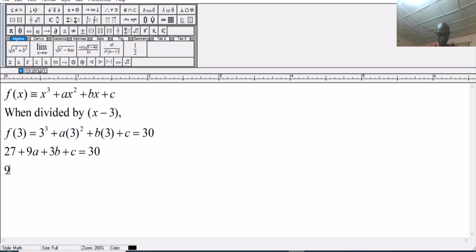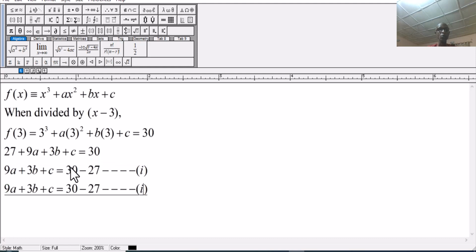Let's see, 30 minus 27 would be equals to 3. So we have 9a plus 3b plus c equals to 3, and we have this as our first equation.